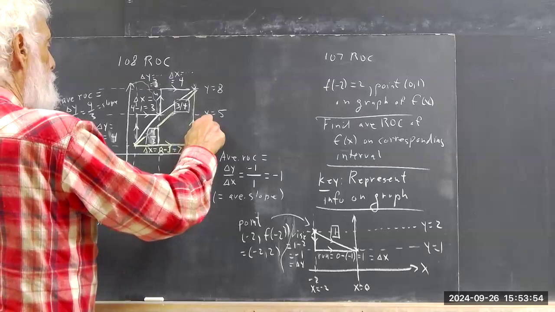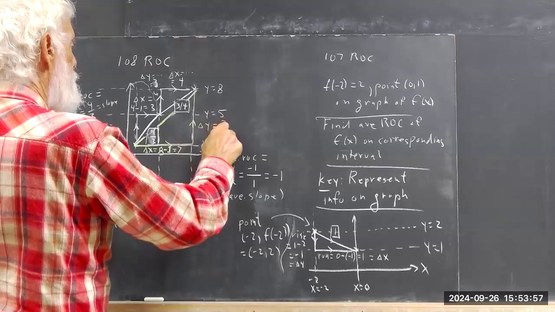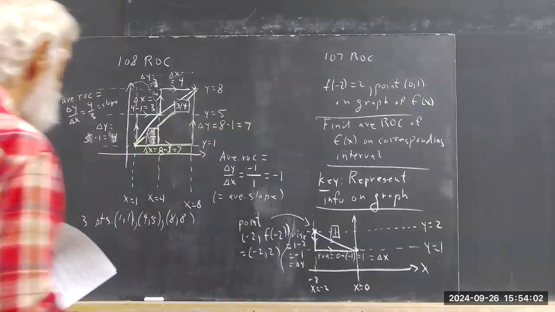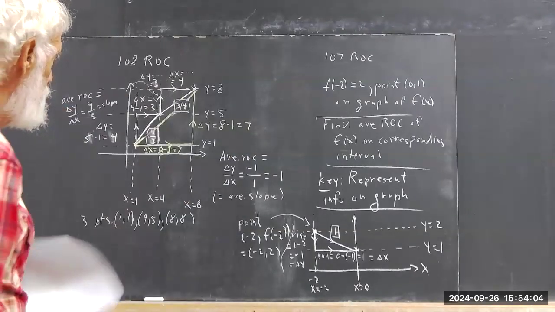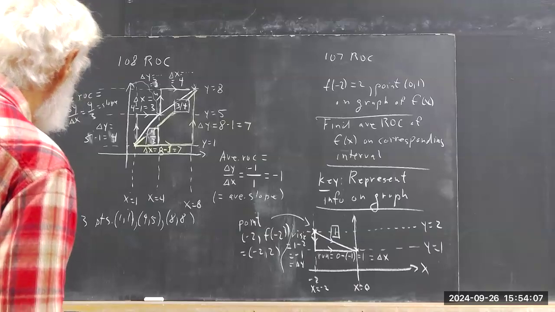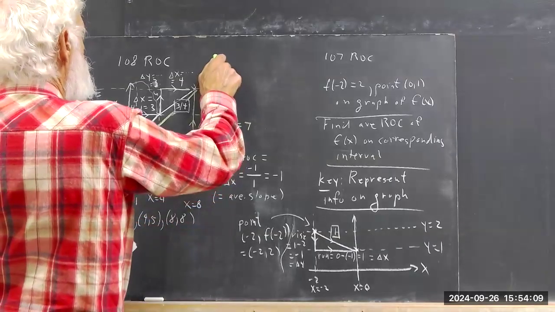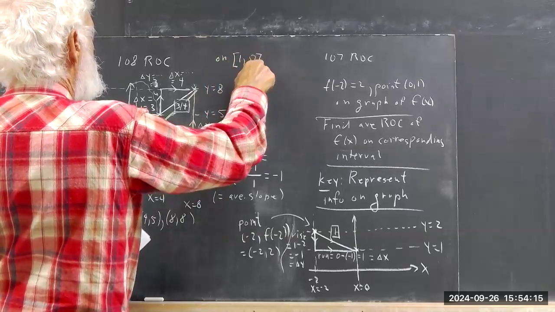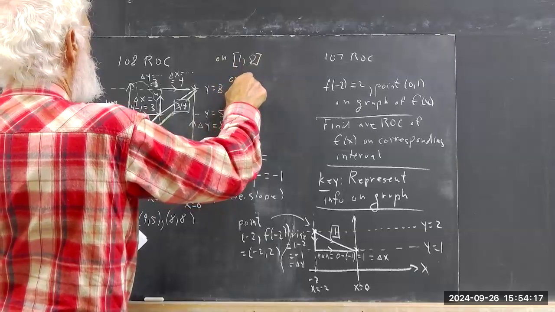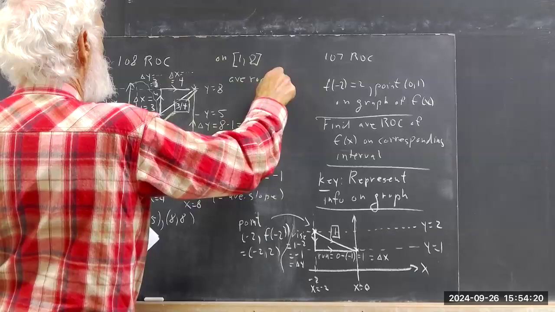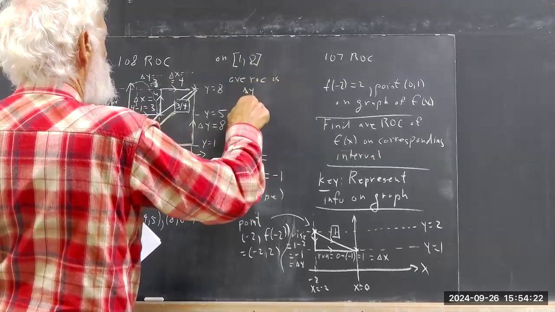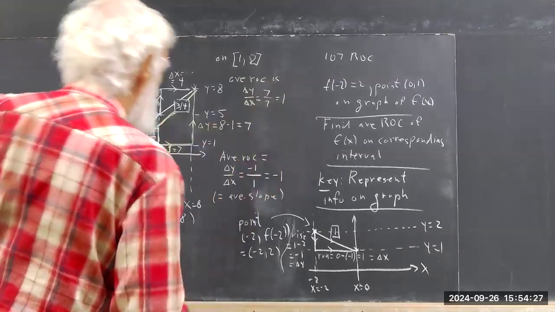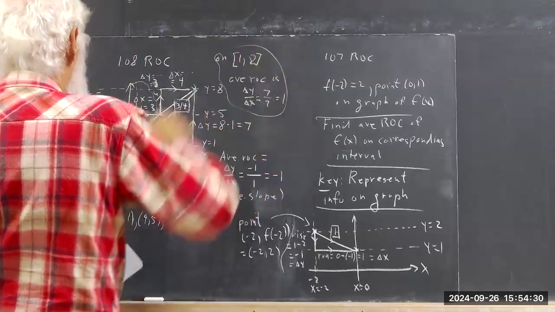And my delta y equals 8 minus 1, which is 7. So the average rate of change on this interval is 1.